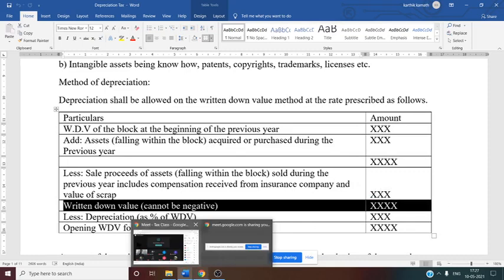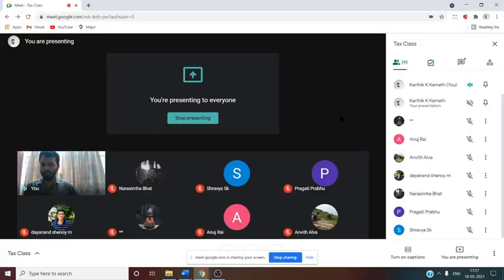So this is very clear. Suppose the written down value is negative. In that case, what are we going to do? Can anyone tell me? If the written down value is negative in this block of asset depreciation method, what are we going to do? Yes, can you tell me now?